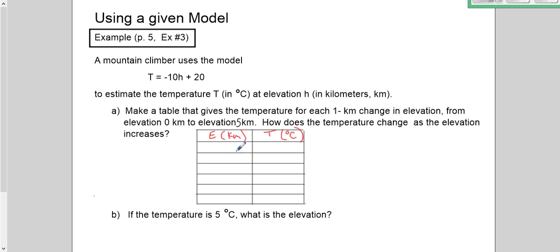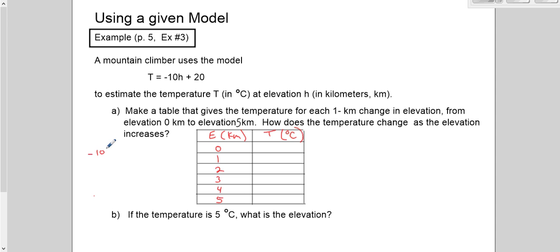So I have this table set up. I'm going to put in 0 to start with, and I'm just going to increase by 1. So 0, 1, 2, 3, 4, and 5. And I need to find my temperature for each of these elevations. So I'm just going to plug in my elevation for H into the formula to find the temperature.